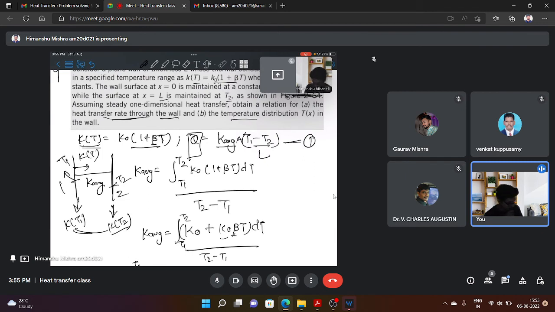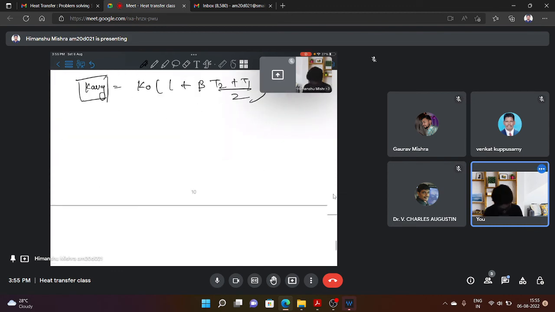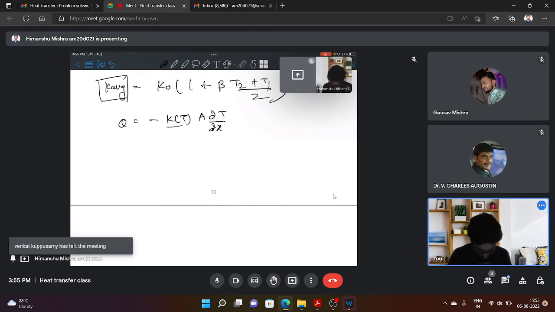Now to evaluate the temperature distribution, I can again use my Fourier's law. So we know that the thermal conductivity will vary with the temperature. So thermal conductivity is a function of temperature.